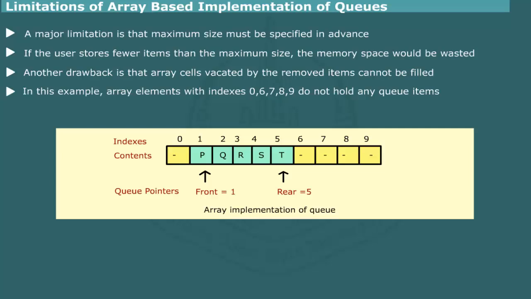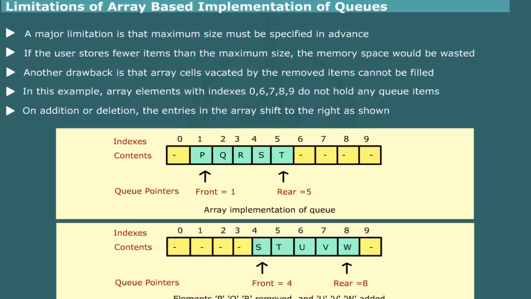Since elements can only be added at the rear end, the array element with the index 0 cannot be filled with the new element. Further, as new items are added or current items deleted, the entries in the array shift to the right. This behavior is shown in figure. After P, Q, R have been removed and U, V, W are added.